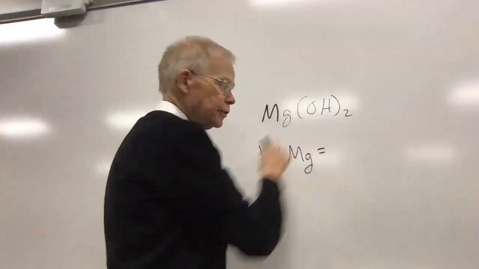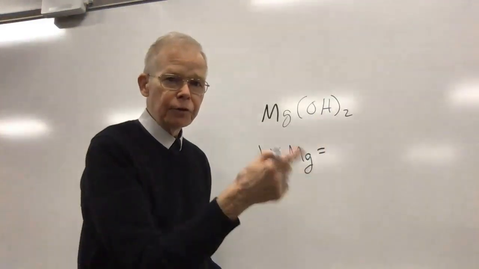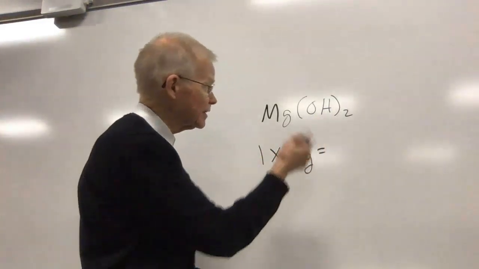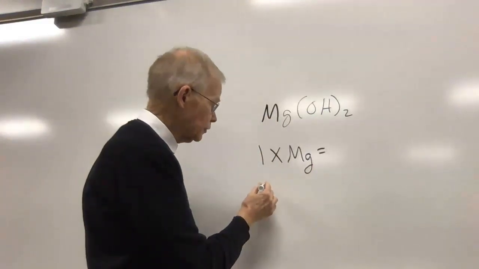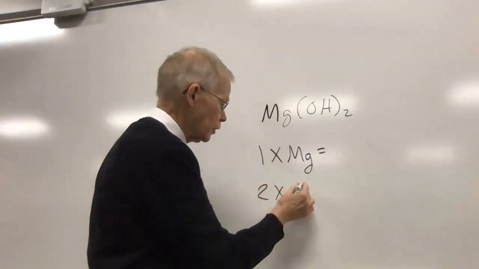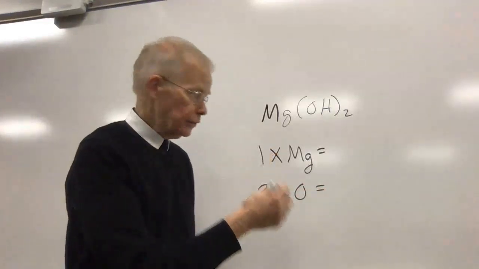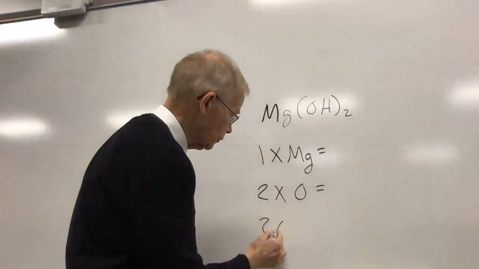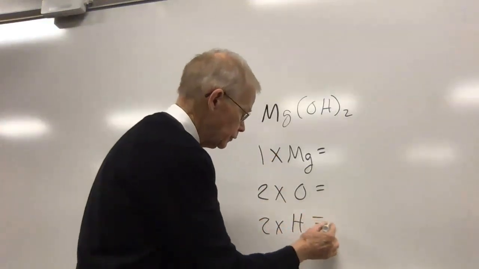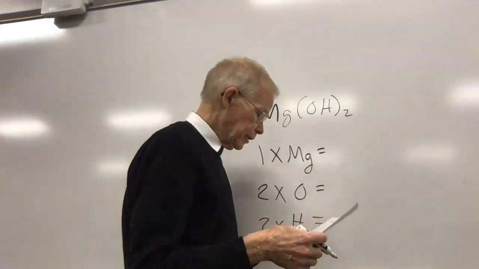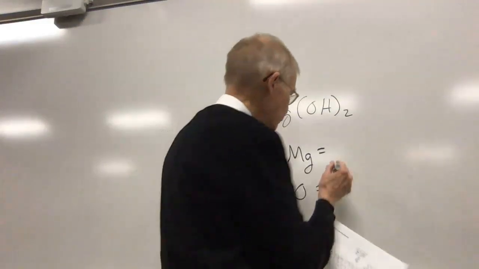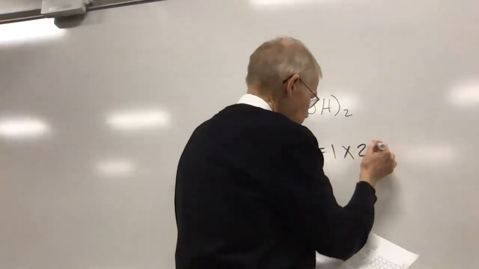When I look at the parentheses here, I can see that there's a 2 outside the parentheses, so that means inside I have oxygen doubled, so 2 times oxygen. And then we also have hydrogen inside the parentheses, so I have to multiply that by 2. Multiply those, and I'm going to look up the masses on my periodic table.